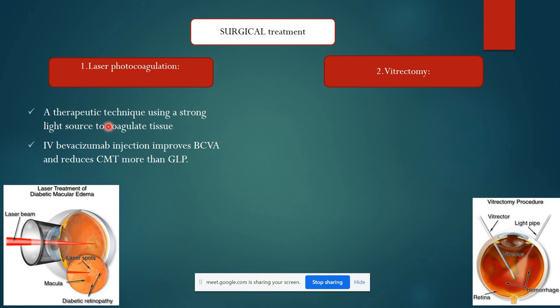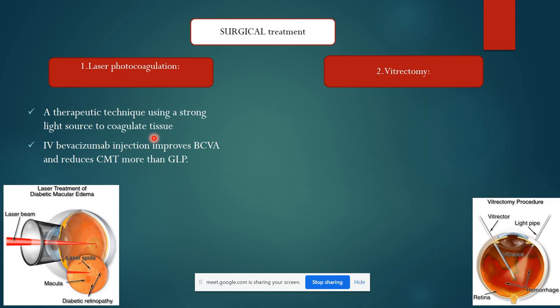We all know what laser photocoagulation is. Laser photocoagulation is the procedure where we send high intensity laser light to burn the tissues, and in turn they coagulate so that there is no further leakage, just like how we seal it.